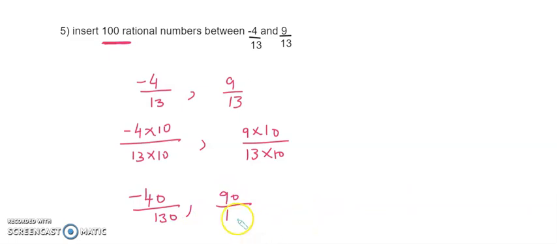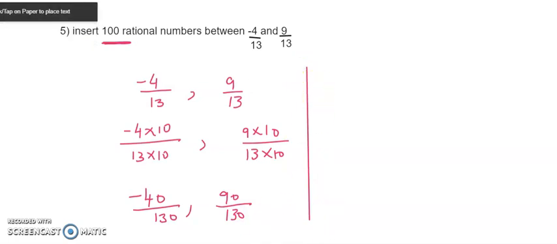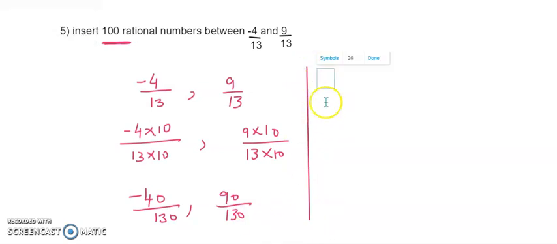So from negative 40 to 90, we have so many numbers. So you can take any 100. You don't have to list all the 100 numbers. You can take any 5 or 6 and then just list them out.